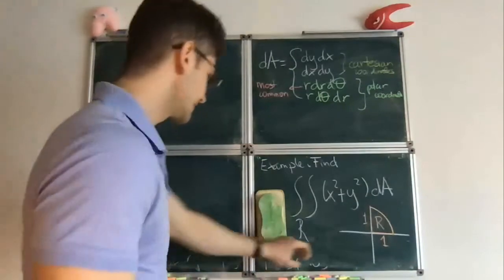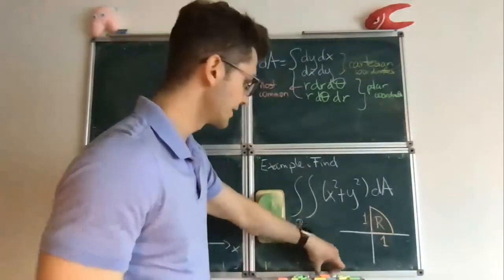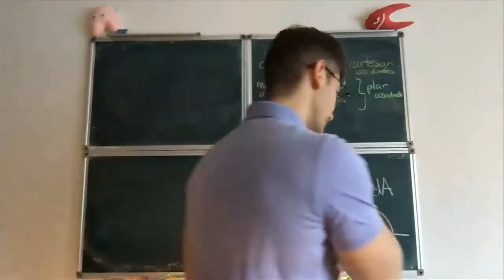So basically, since this is a unit disk, it has equation x squared plus y squared equals 1.